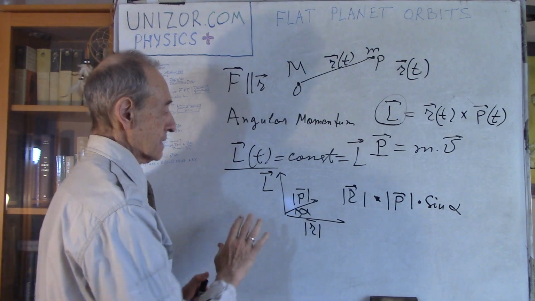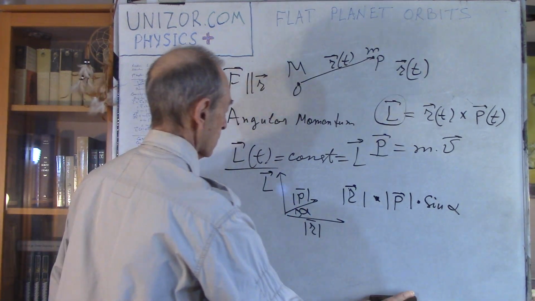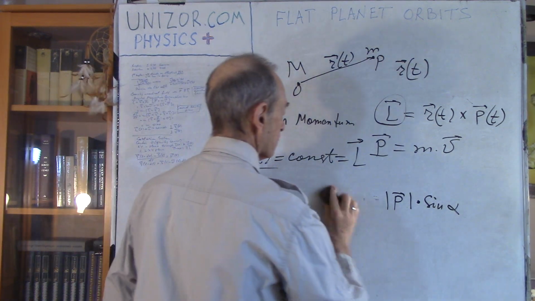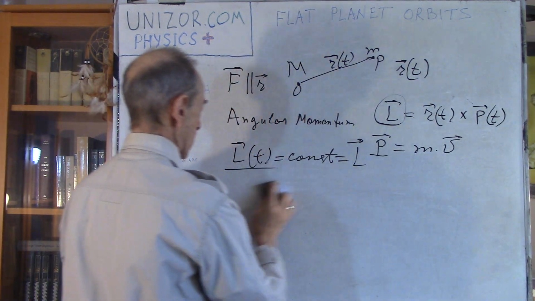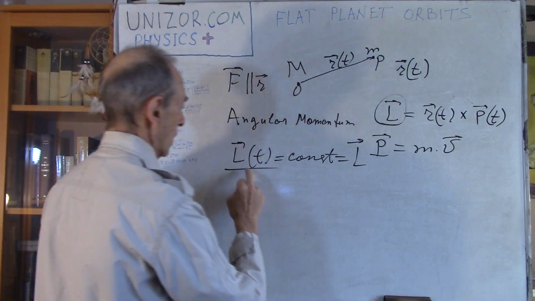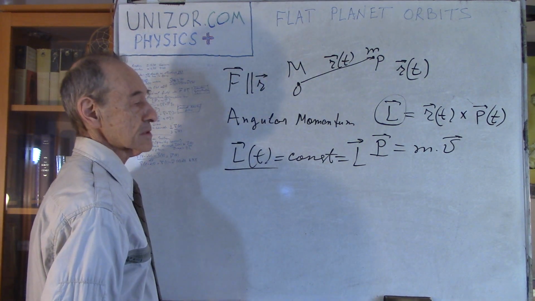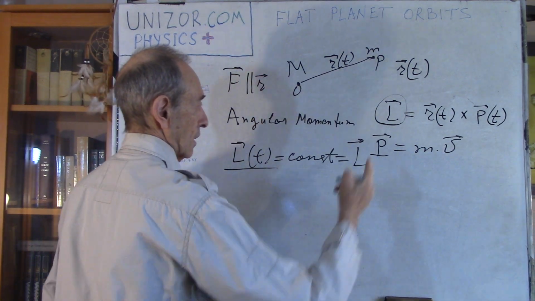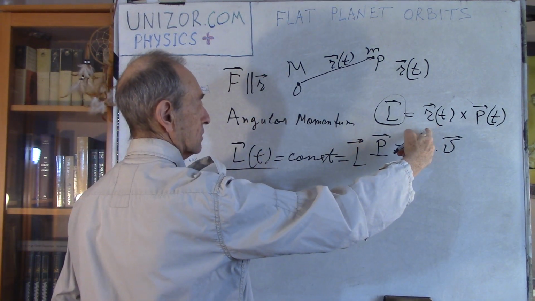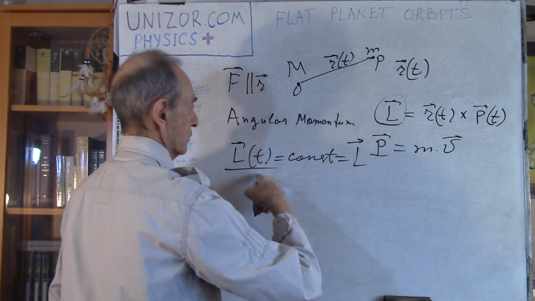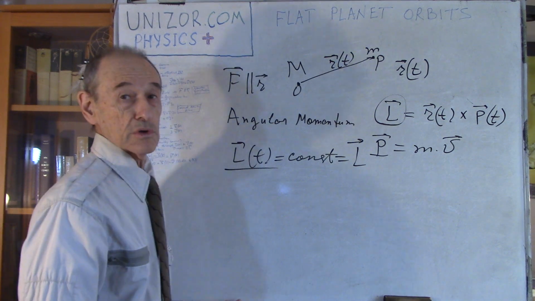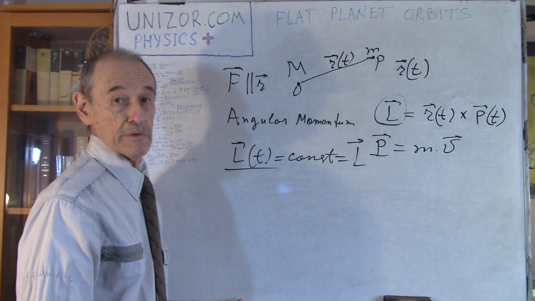So that's basically the definition of the vector product, and what I will do to prove that L is constant is the following. If I take a derivative of this vector and the derivative is equal to 0, it means the vector is a 0 vector.